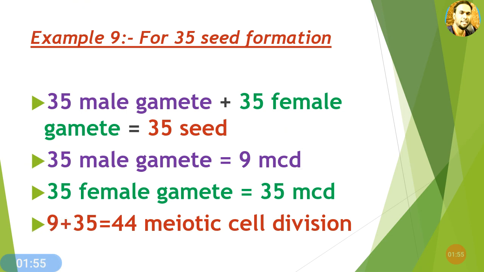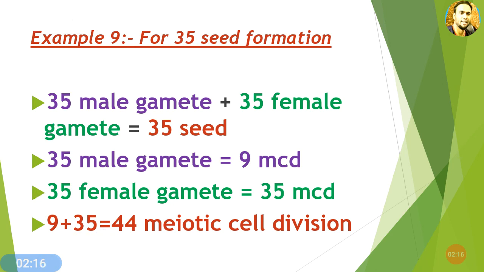Now for the 35 female gametes, they will simply be formed by 35 meiotic cell divisions, because the formula is that the number of female gametes is equal to the number of meiotic cell divisions. So 35 female gametes are needed, that's why 35 meiotic cell divisions are needed. That's why 35 is here.